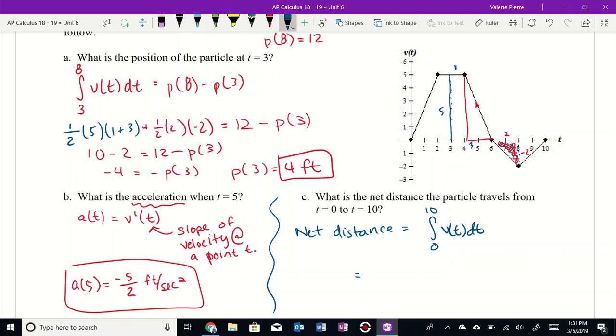So what we're going to need to do is basically find the area under this curve all over the place. So we know the area of this space. We know the area of this space. And if you look closely, this is just this space over here. This trapezoid is half of the entire space above the x-axis, and this triangle is half of the entire space below the x-axis.